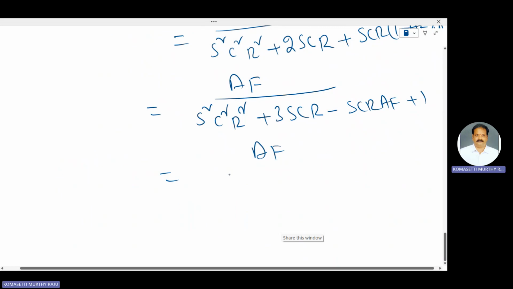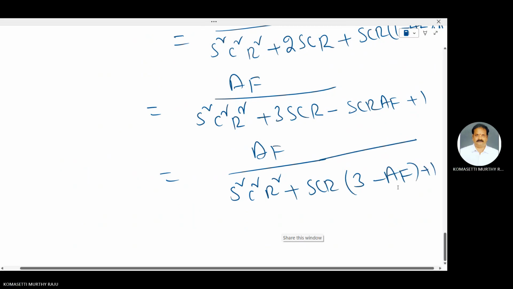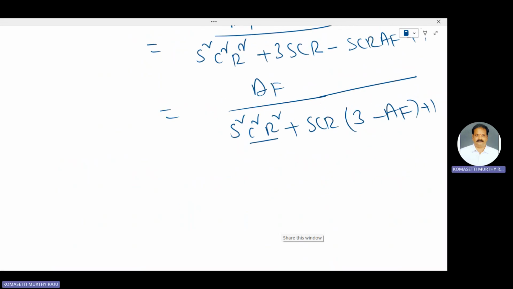AF by C square R square plus SCR is the common term, 3 minus AF plus 1. See again, C square R square is the common term.